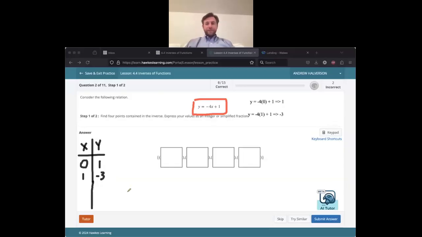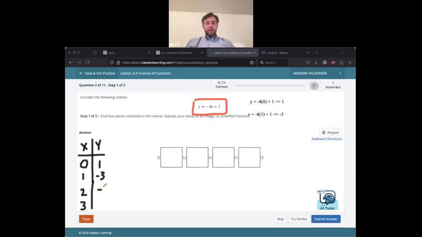We need 2 more values for x because we need 4 points. So what value next? We just go up the line, 2. Fine by me.